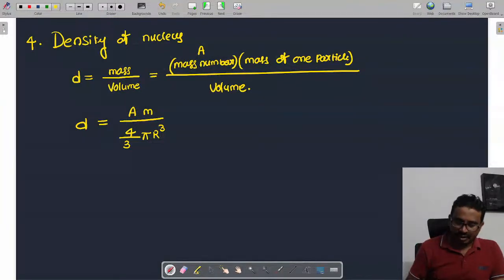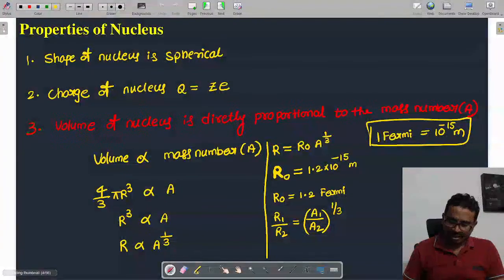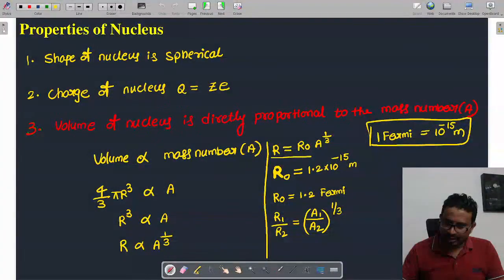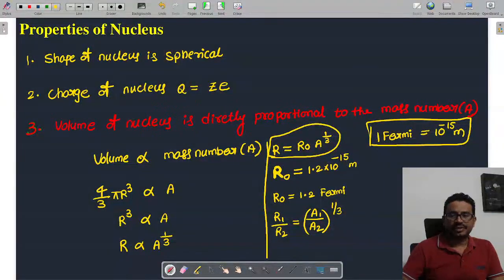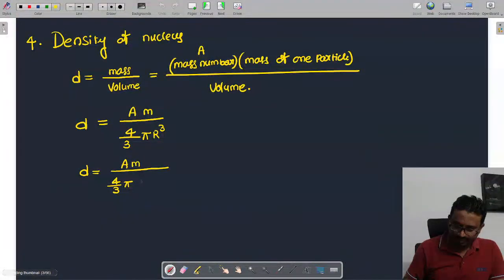Okay. Now tell me now here, D is equal to A into m by 4 by 3 pi r cube, where r, just now we have seen r is equal to r naught into A power 1 by 3. We'll substitute this, r equal to r naught into A power 1 by 3. For the whole power we have a cube there.